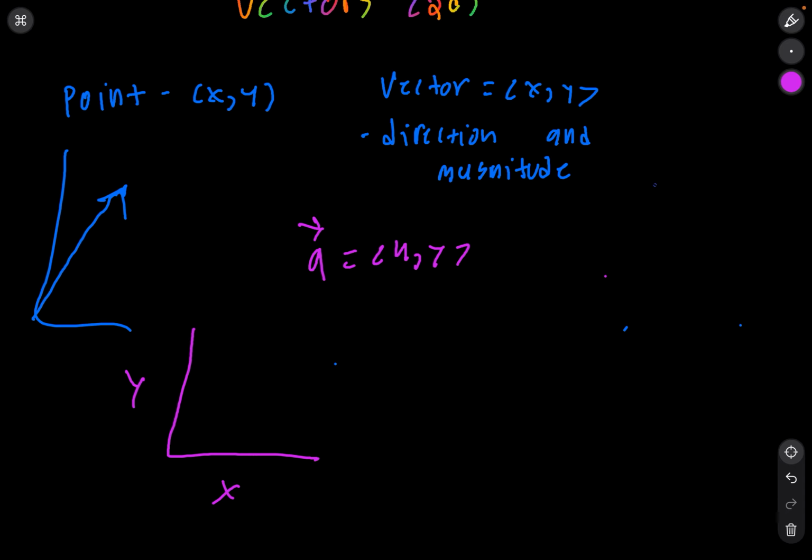You would go 4 to the right, which is 1, 2, 3, 4. So here's your x component, which is 4, and then you would go 1, 2, 3, 4, 5, 6, 7 up, which is your y component. From there, you would mark out the spot where it is, and that is your vector, pointing in the direction of the first quadrant.